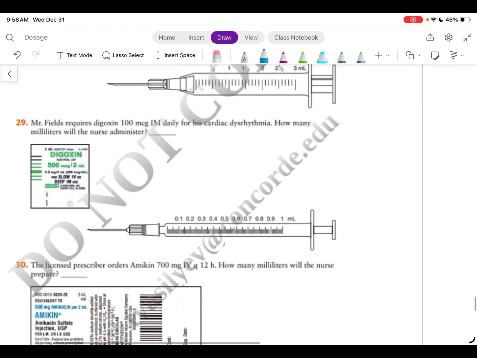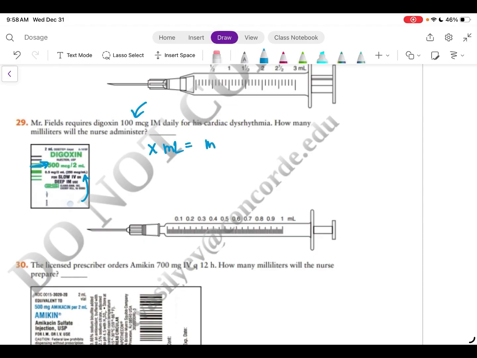All right, back to that digoxin. So now we have an order for 100 micrograms, right? And using the same label, we can either do the 500 in 2 or the 250 in 1. Kind of your choice. XML, right?